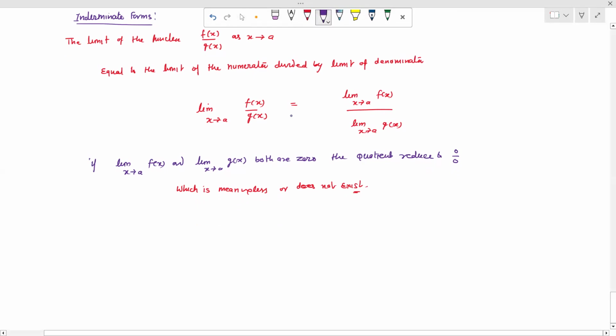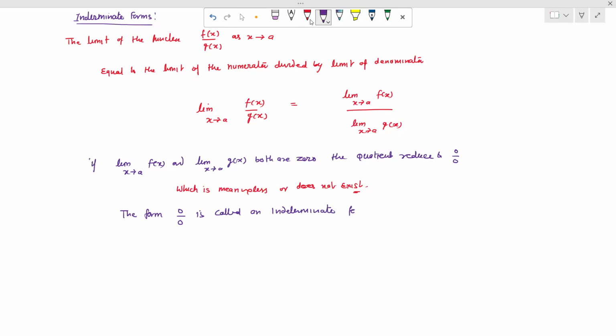So now we have some cases based on this. The form 0 upon 0 is called an indeterminate form.